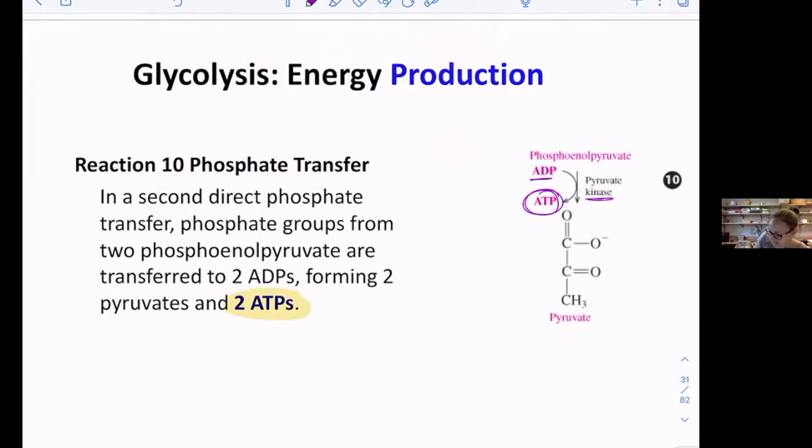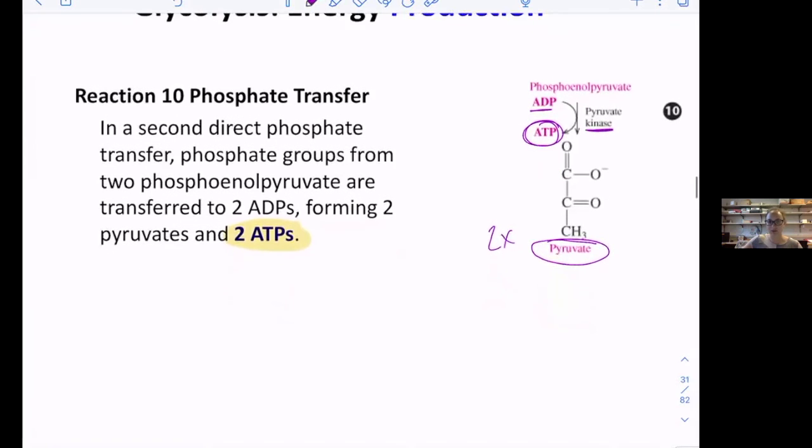Again, this is a kinase reaction, a phosphate transfer reaction. All we're doing in that is getting rid of our phosphate. It actually moves where that double bond is, but that's inconsequential at this point. And we make pyruvate. So the product of glycolysis is 2 pyruvate molecules that can then go into other processes, which we can talk about in a minute.